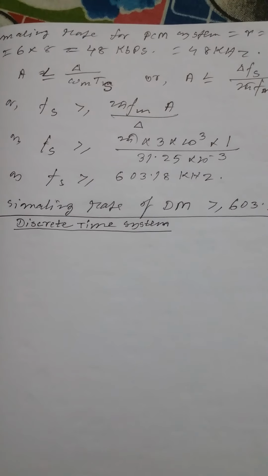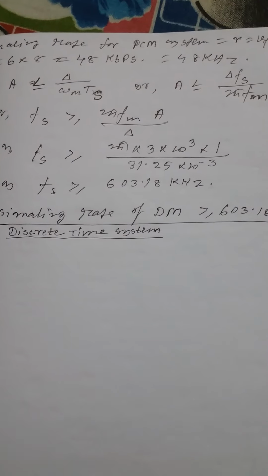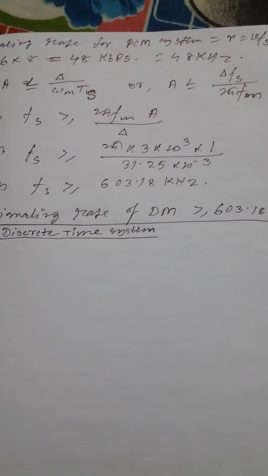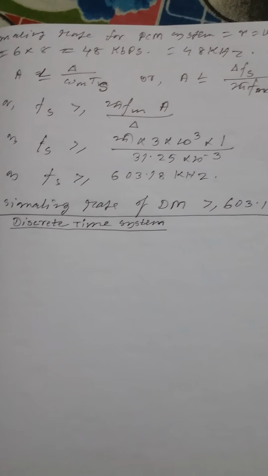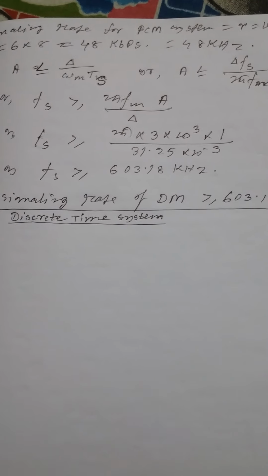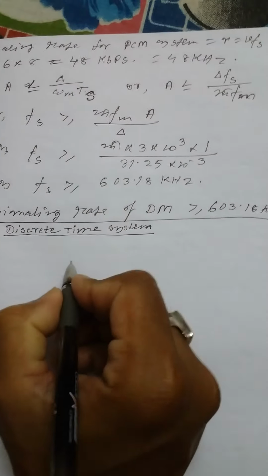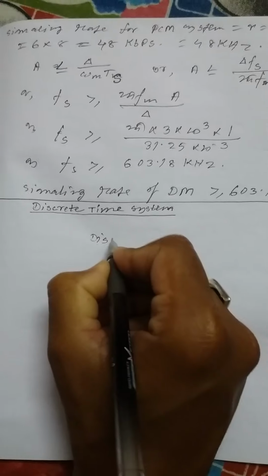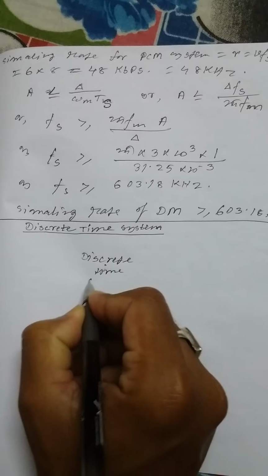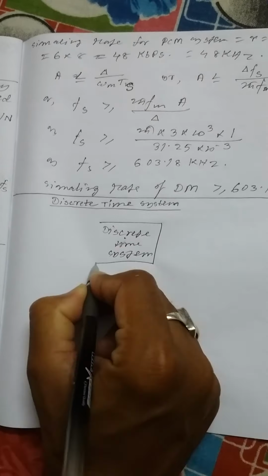Now, what is a discrete time system? A discrete time system is a device or an algorithm that operates on a discrete time input signal according to some well defined rule to produce another discrete time signal y(n), called the output signal. So this is the discrete time system.